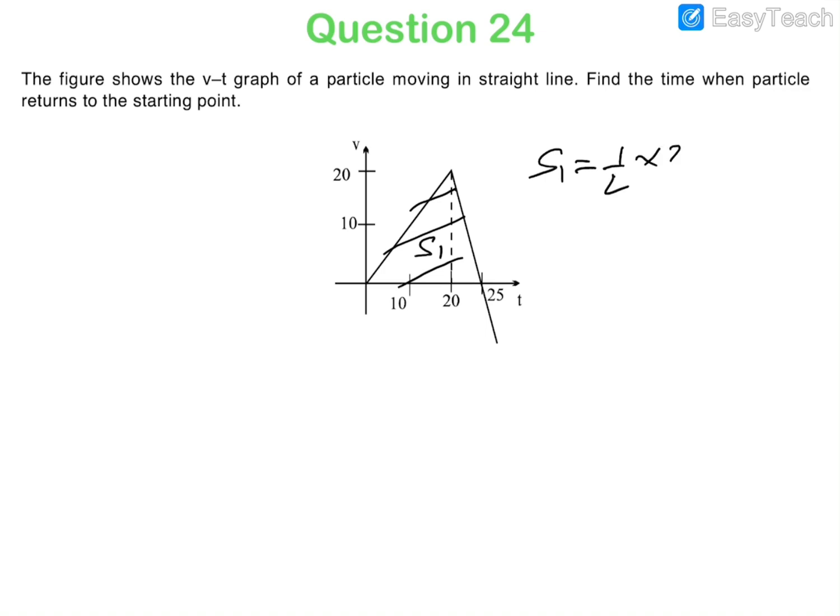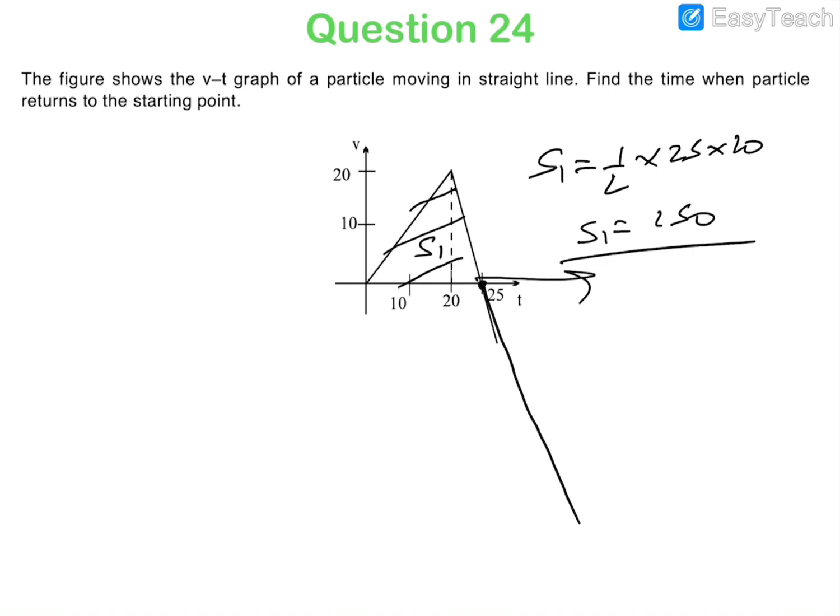Base is 25 and height is 20, so S1 is equal to 250, and from this position, when it would travel in the downward direction, then at some time, let's suppose this is t naught, in this t naught time, it would return to the initial position.